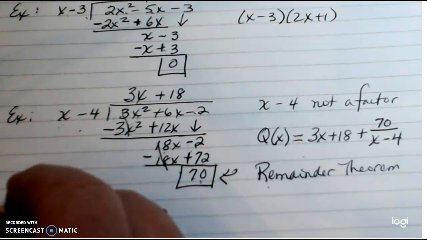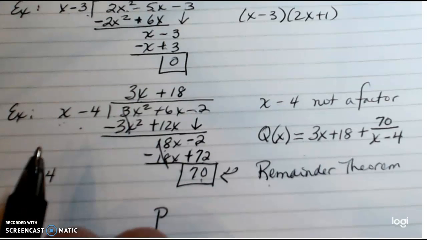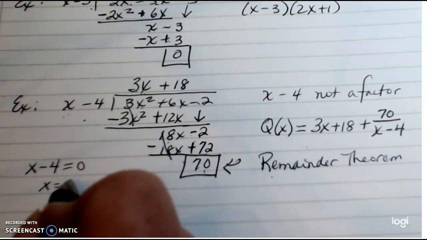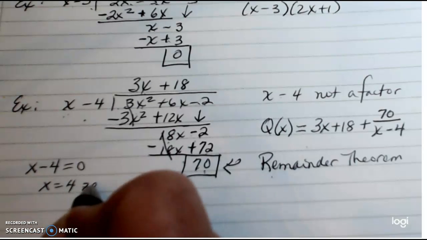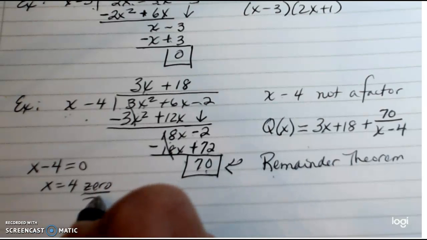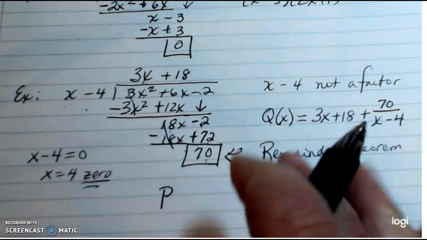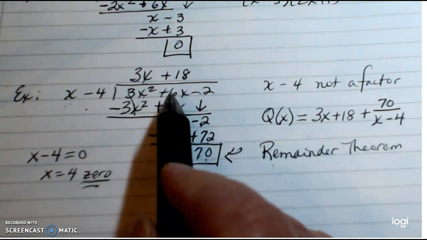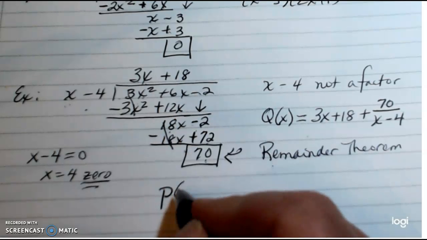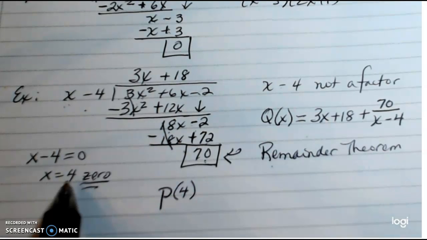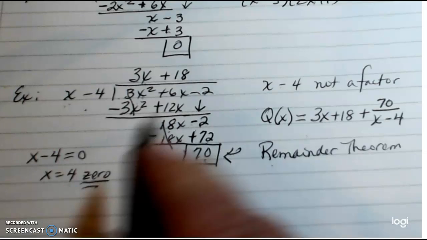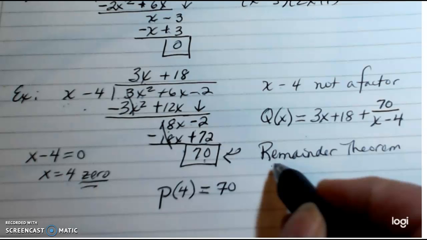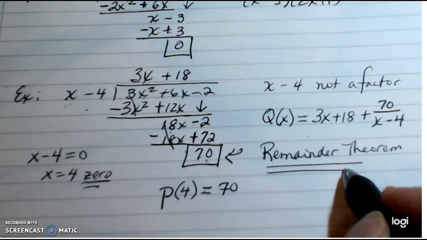So x minus 4, if that is a factor, it means that x equals 4 is the zero of the function where it crosses the x-axis. So the value of this polynomial, I'll call it p, for the input x equals 4 is exactly equal to 70. And this is called the Remainder Theorem.